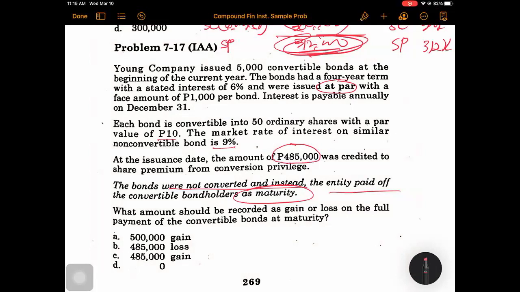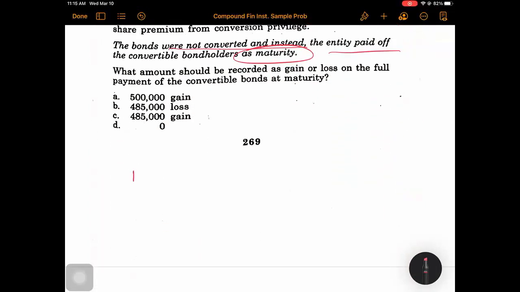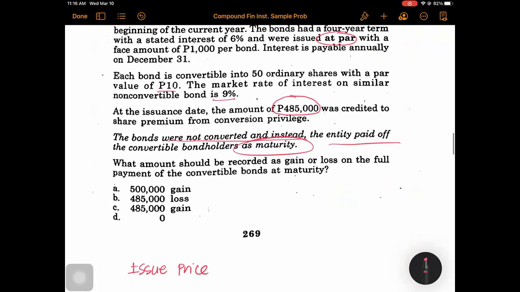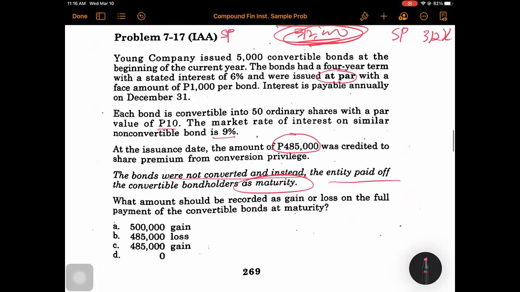Okay, question. How much is the issue price based on the problem? Sige, how much is the issue price?